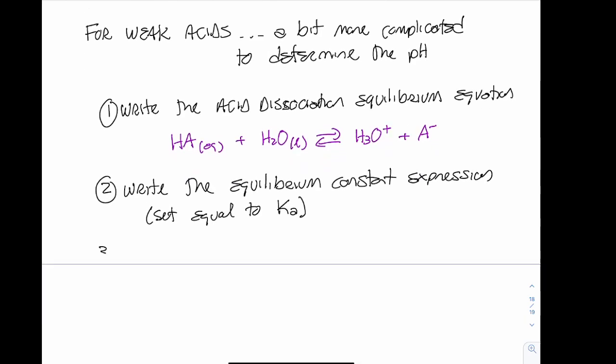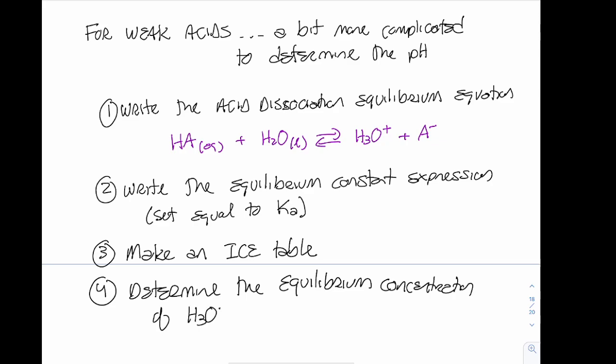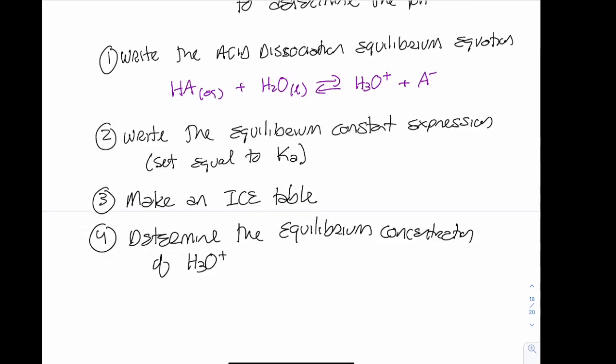We're going to make an ICE table, and then determine the equilibrium concentration of hydronium ions. And then from that, to get the pH, you would take the negative log of your equilibrium concentration of hydronium ions.